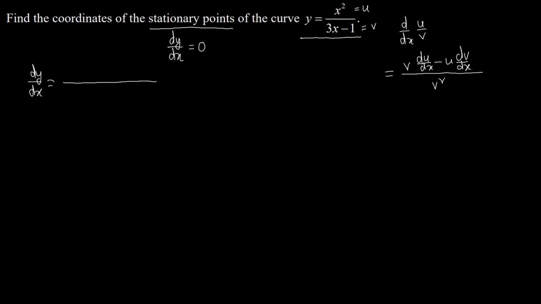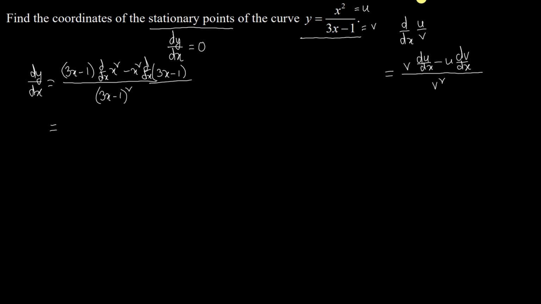So let me put here directly, v is 3x minus 1, then d by dx of x square, minus x square into d by dx of 3x minus 1, divided by 3x minus 1 whole square. That is our total expression.